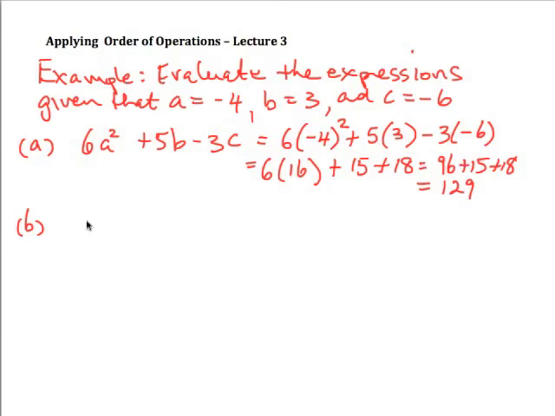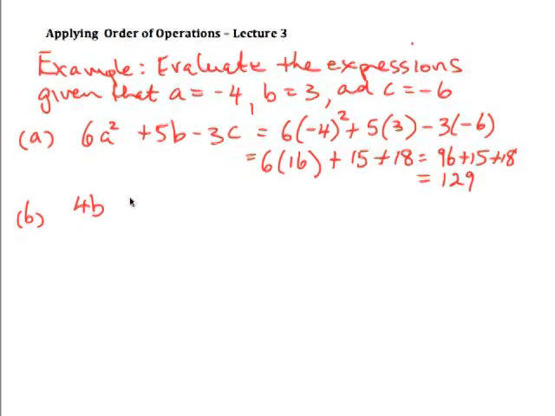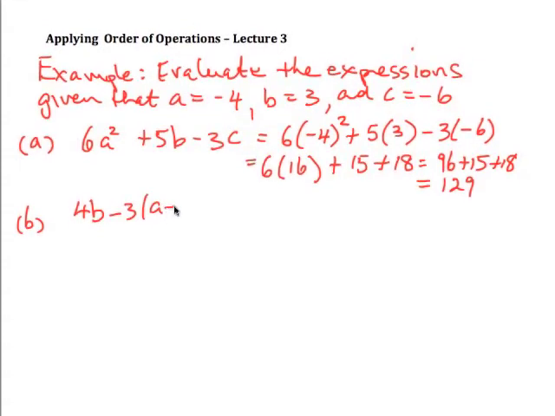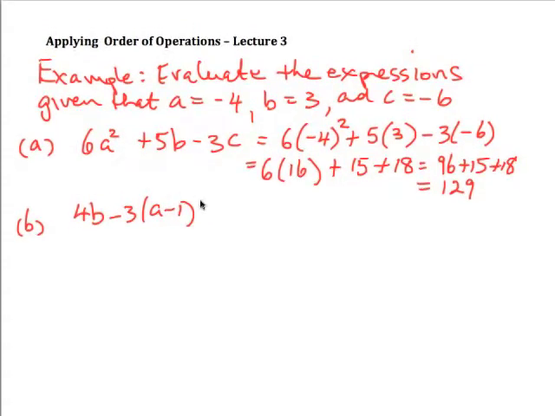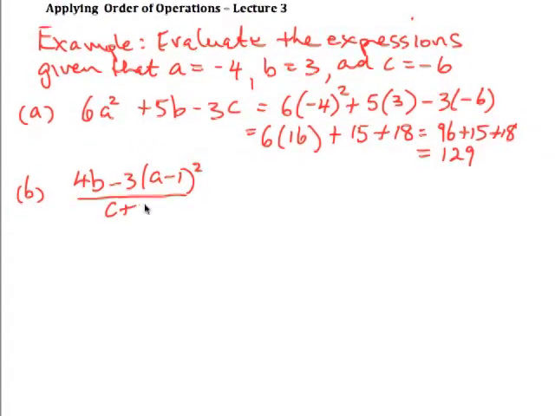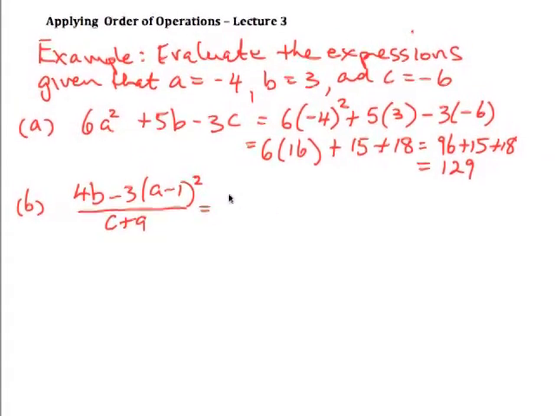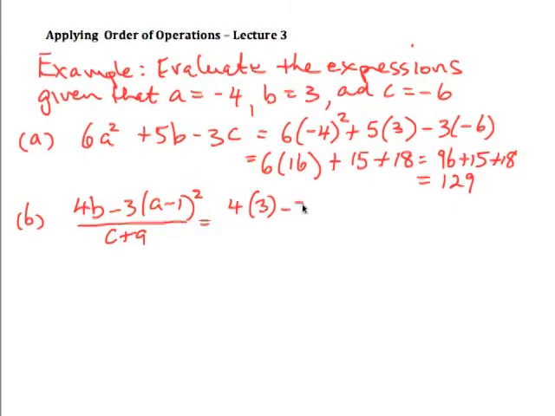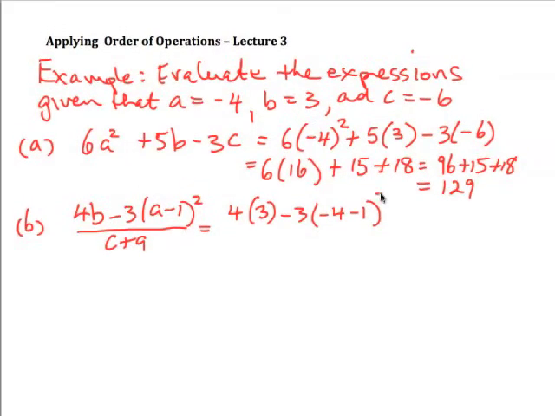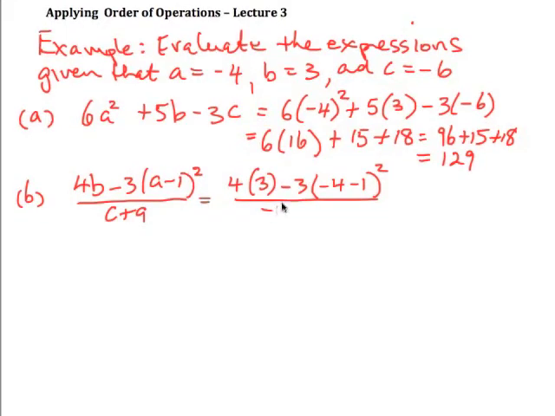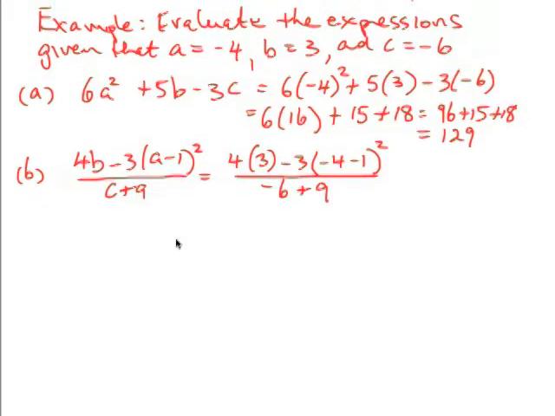All right, part B. Let's suppose we have 4b minus 3 by a subtract 1 squared over c plus 9. So this will become 4 times b, which is 3, minus 3 by a, which is -4, subtract 1, squared, all over -6 plus 9.